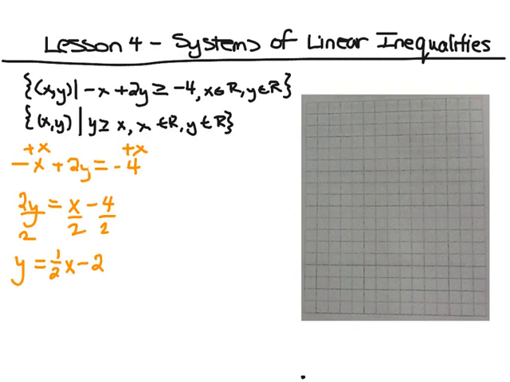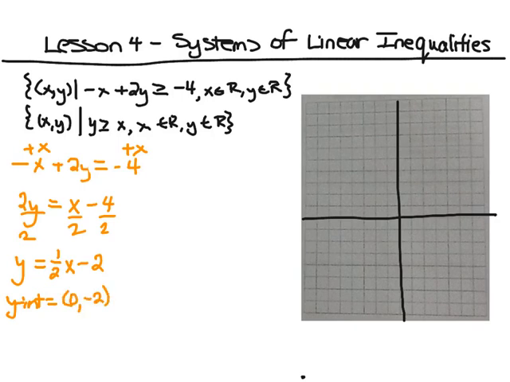So if we draw in our x and y axis, we're going to plot our y-intercept, which is (0, -2). Our rise over run is 1/2. So we're going to go down to -2 and go up 1/2.